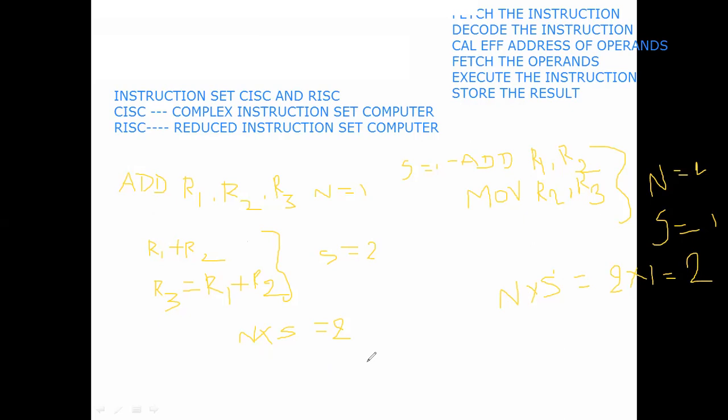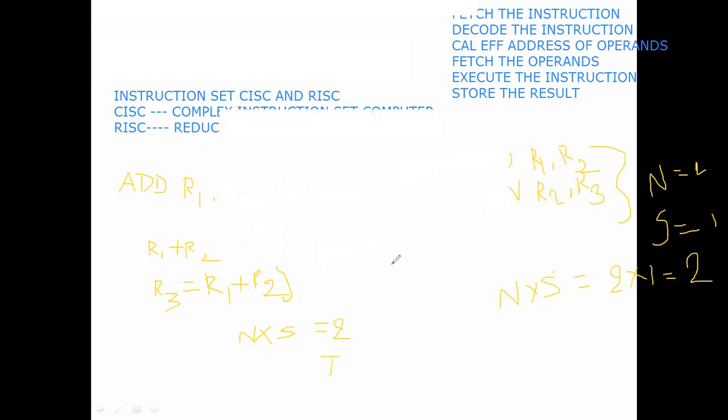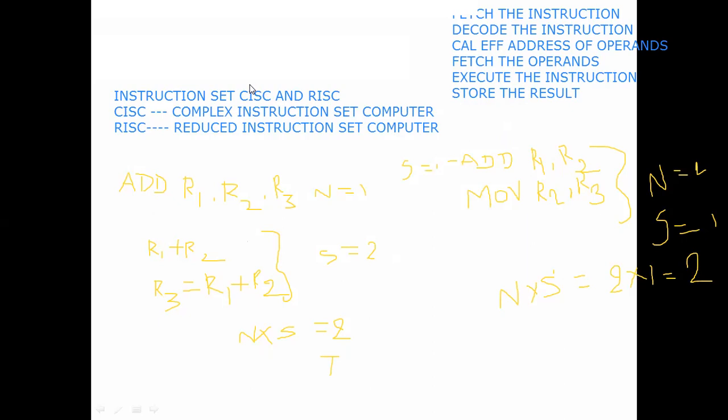Do you remember the basic performance equation? What is the basic performance equation? T equals N into S by R. T means the total execution time.